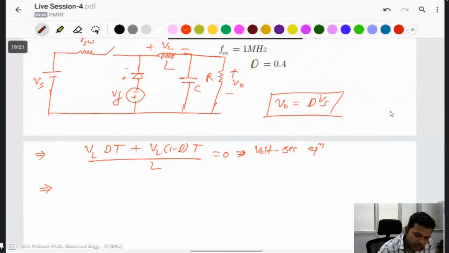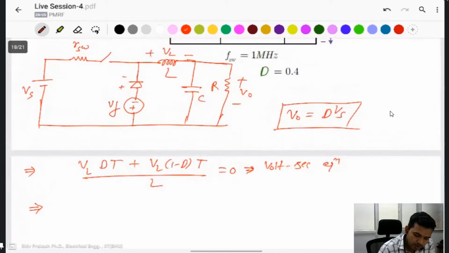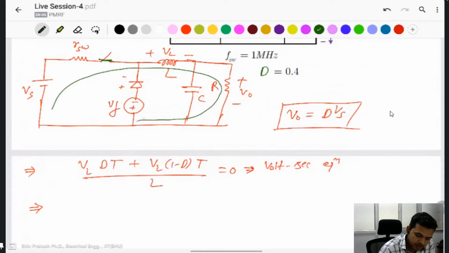Now find the inductor voltage when the switch is on. The switch is on, this one is closed, and the current flows like this. The same current IL flows, and this one is off.